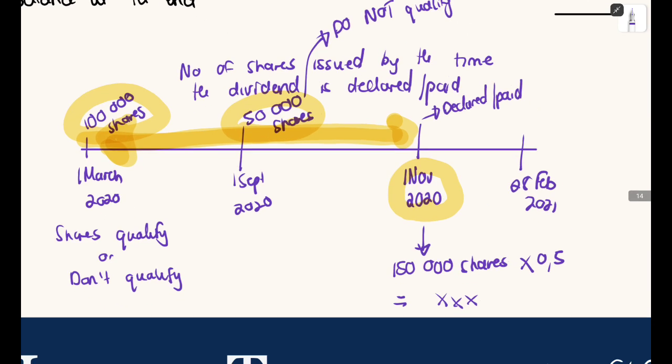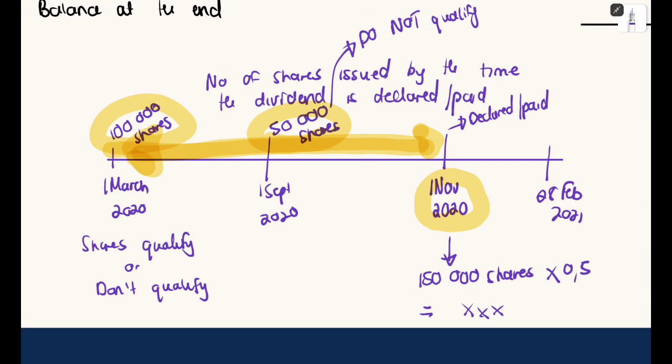That would mean that when you're calculating the dividends, you are counting the number of shares that the business had issued up until the date the dividends have been declared. The shares were 100,000 and this 50,000, so by the 1st of November, the business had issued 150,000 shares.